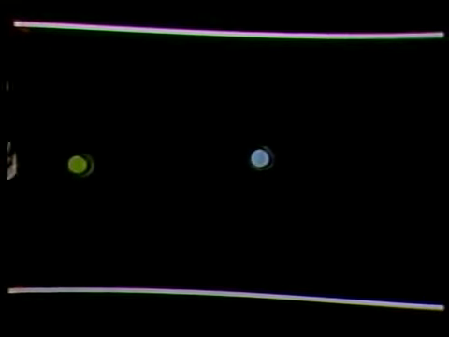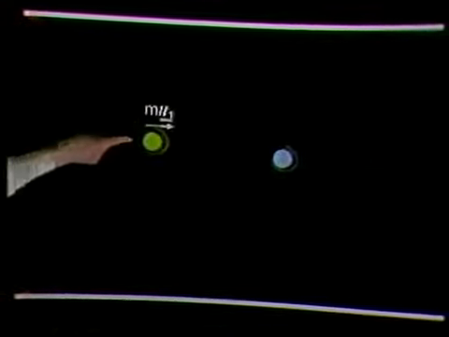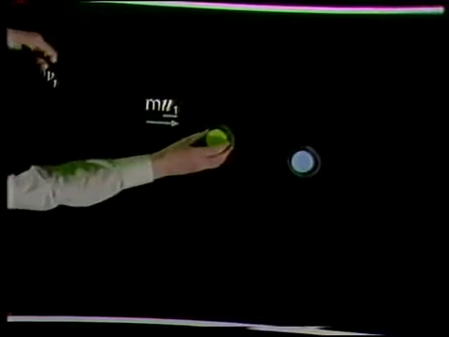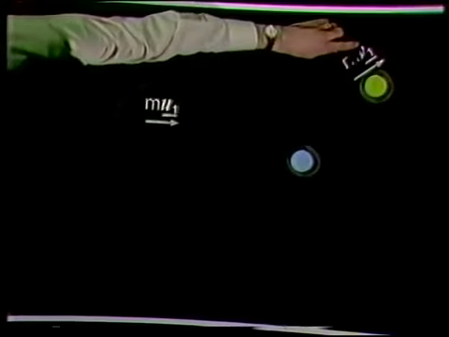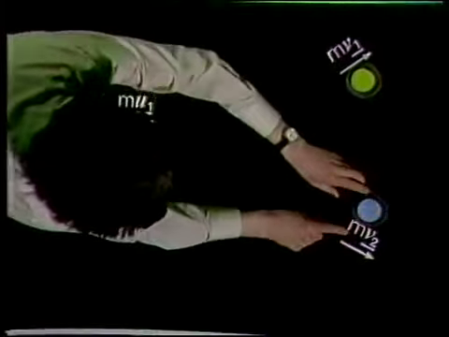Well, before the particles collide, the momentum of the incident particle is m u1, where u1 is its velocity. After it's hit the target, its momentum is m v1, where v1 is its final velocity. And the target itself will move off down here somewhere with momentum m v2, say.